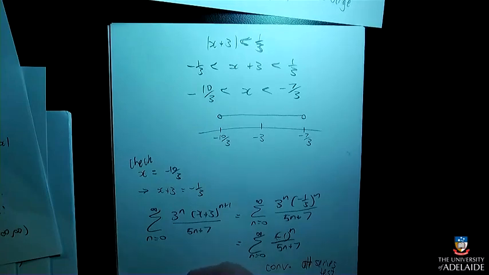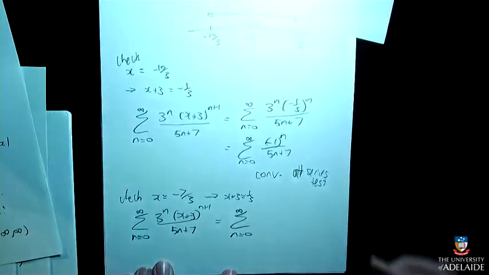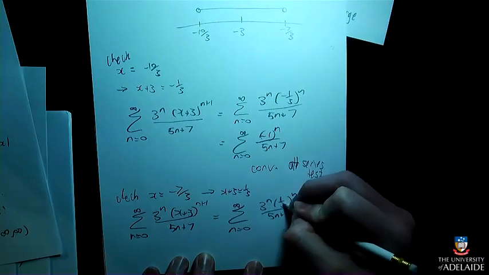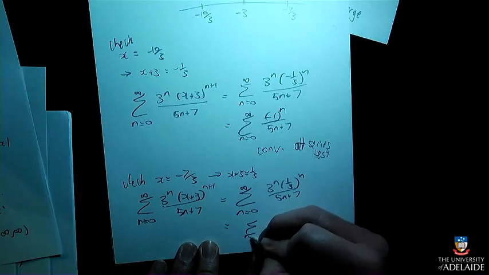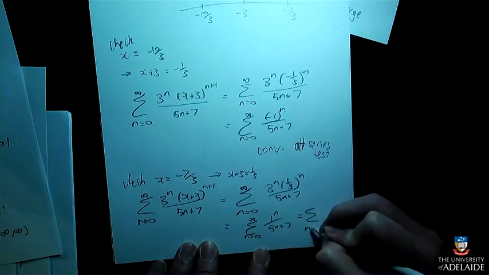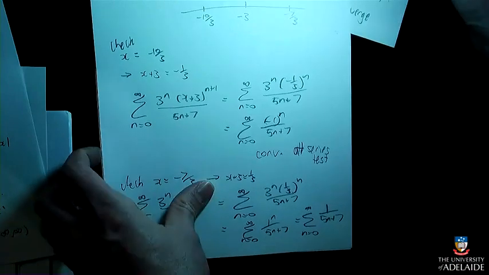And I'm going to check x equals minus 7 over 3, which means that x plus 3 equals plus a third. The sum from n equals 0 to infinity of 3 to the n, x plus 3 to the n, over 5n plus 7, which is the sum of 3 to the n, 1/3 to the n, over 5n plus 7, which is the sum of 1 to the n over 5n plus 7, which is 1 over 5n plus 7. And that's a harmonic series.